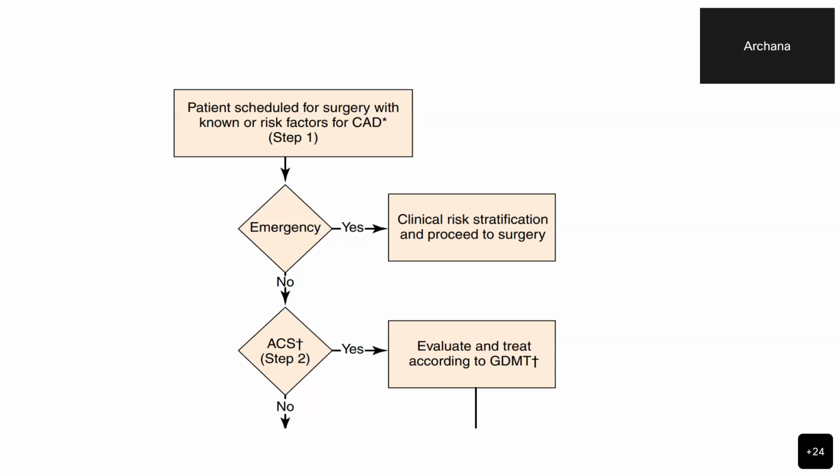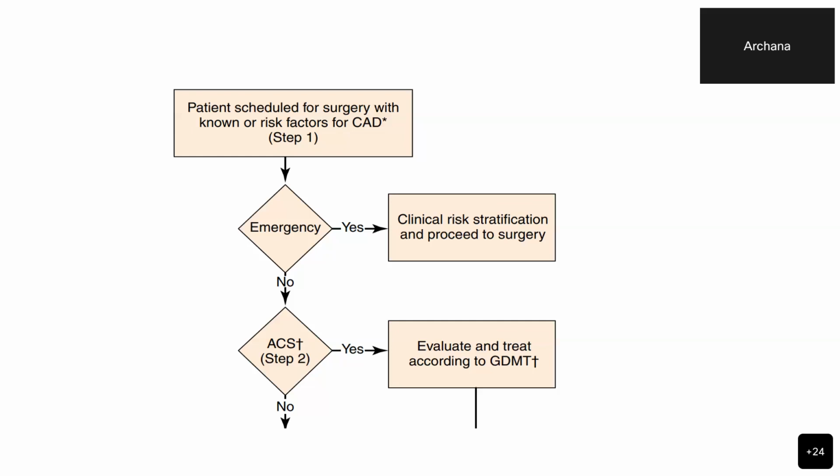If the surgery is an emergency, then determine the clinical risk factors that influence perioperative management, and proceed with the surgery with monitoring and appropriate management strategies. If it is not an emergency, then you have to assess for acute coronary syndrome symptoms. If there are any symptoms of acute coronary syndrome, then you have to evaluate the patient further before the surgery.